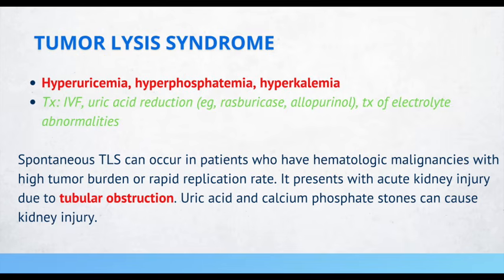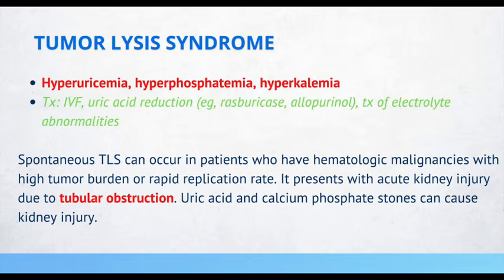So patients can develop spontaneous tumor lysis syndrome if they have hematological conditions or malignancies with a high tumor burden or rapid replication rate. It presents with acute kidney injury due to tubular obstruction that is extremely high yield. Tubular obstruction. So uric acid and calcium phosphate stones can cause kidney injury as well.